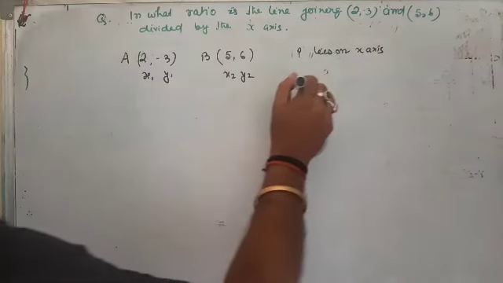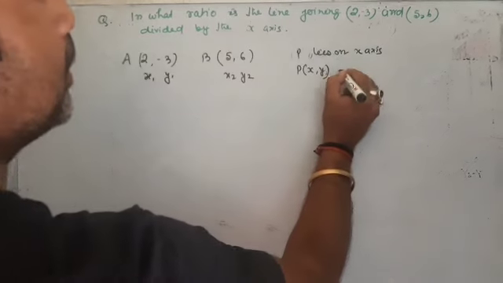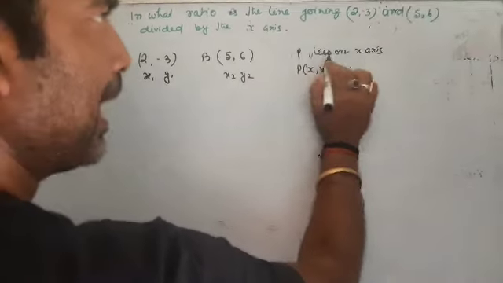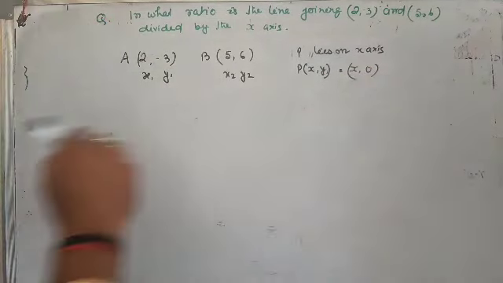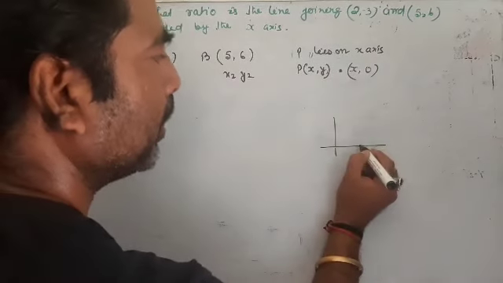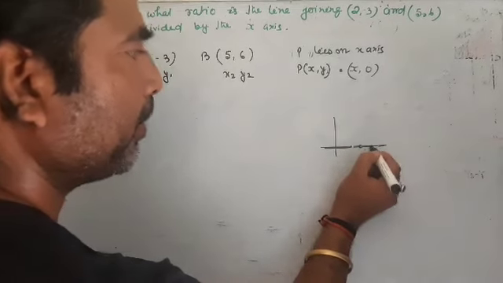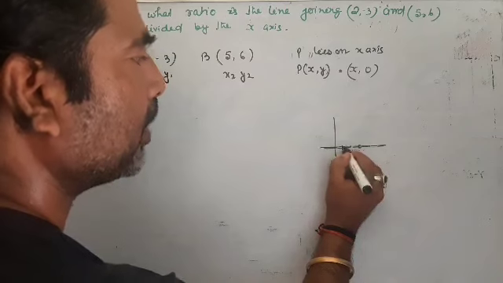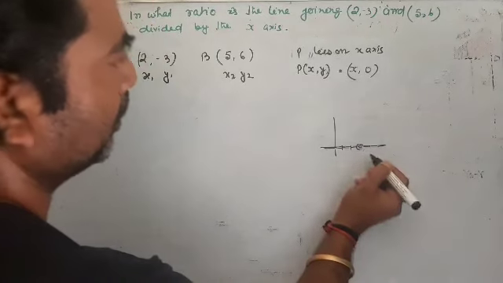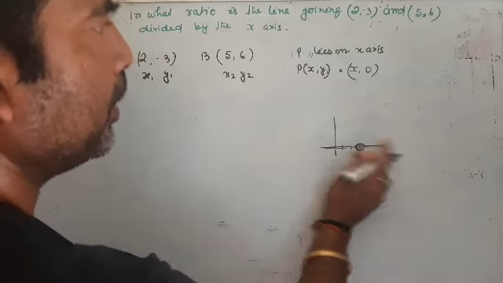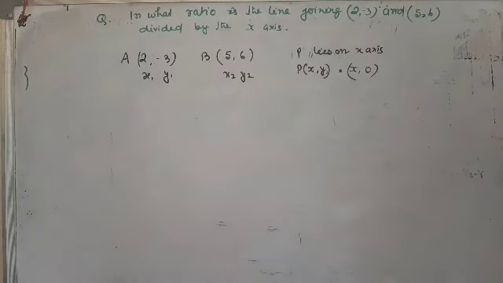If a point lies on the x-axis, then what are the coordinates of P? They are (x, 0). Because if the point lies somewhere on the x-axis, maybe here, maybe here, then x has some value, maybe 1, 2, 3, 4, but y is confirmed: the value of y is 0, because the point lies on the axis. So P (x, y) is equal to (x, 0).